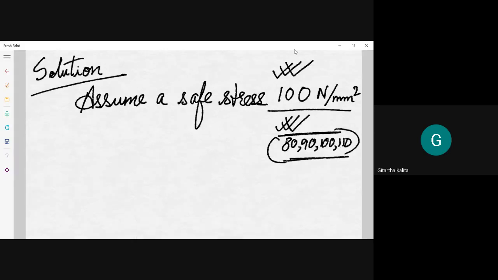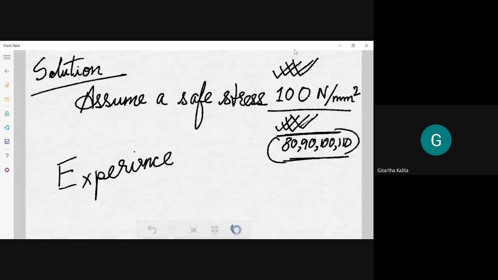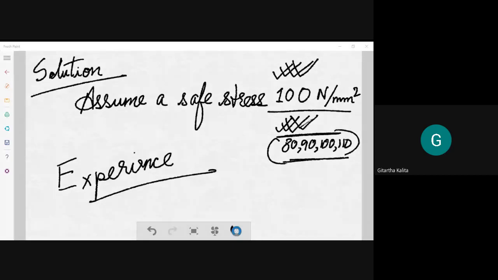So from where have people arrived at this conclusion of taking values within this range for assumption? I can say just one word answer, which is experience.